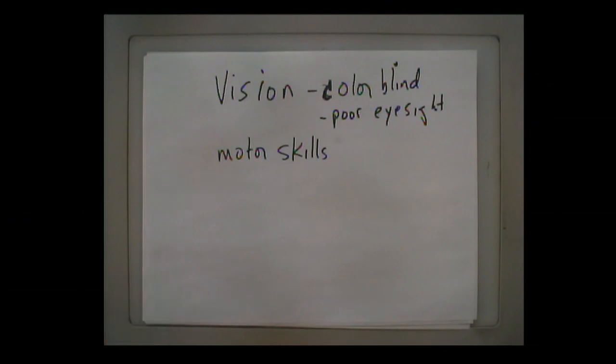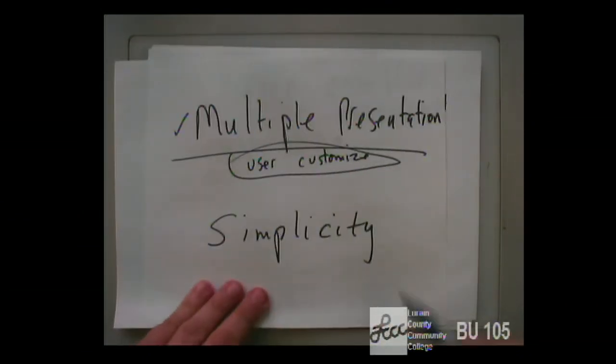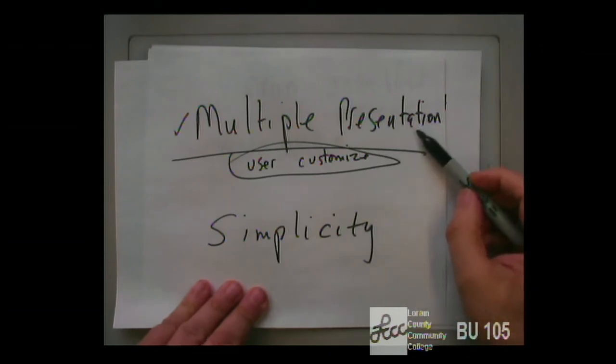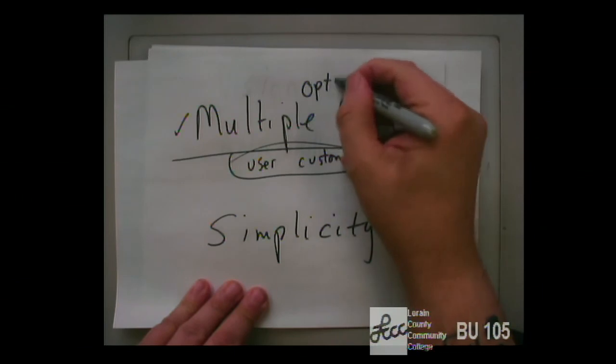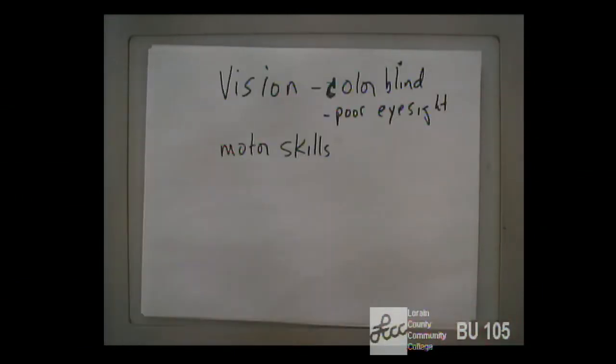Keeping in mind simplicity, and giving options. Multiple presentation, I guess, is options. What are things that we can do for people with motor skills to help make the site more accessible?